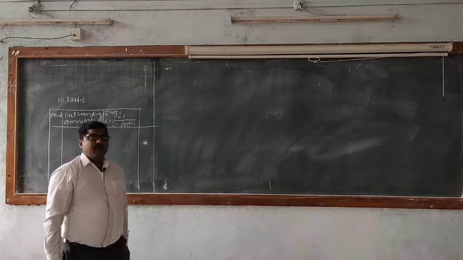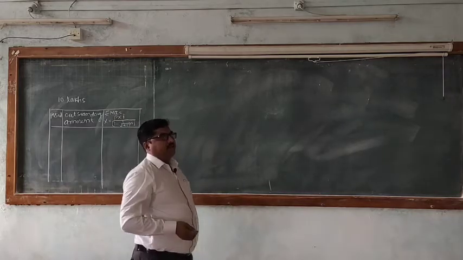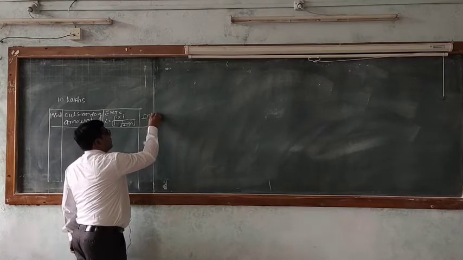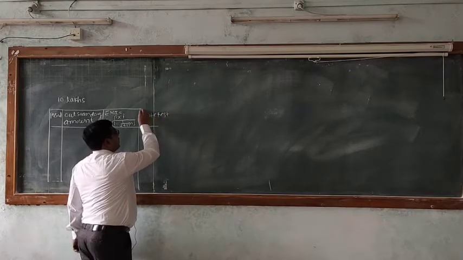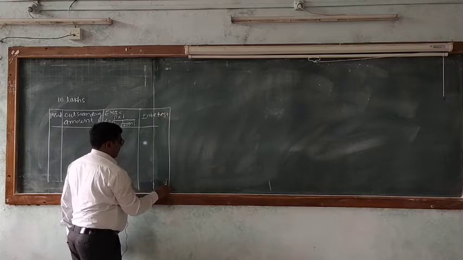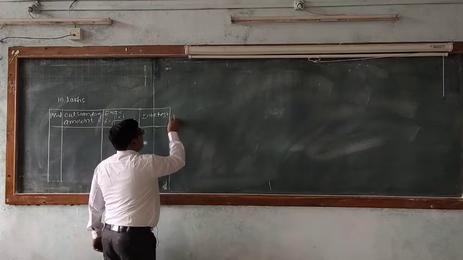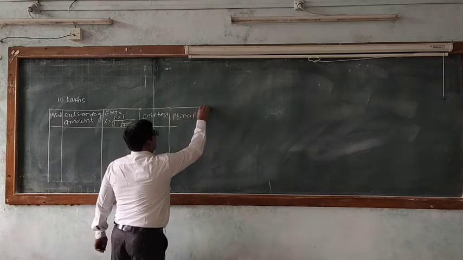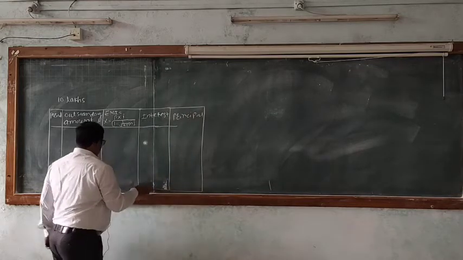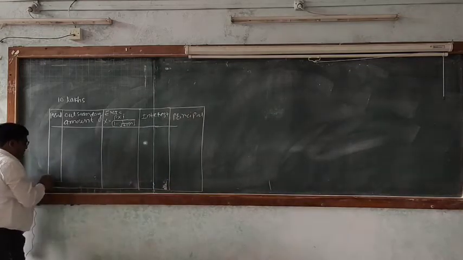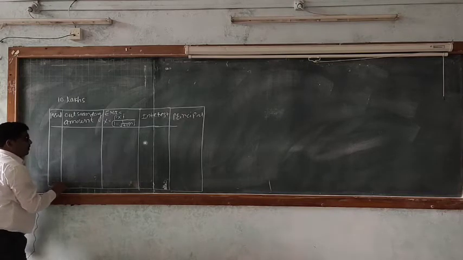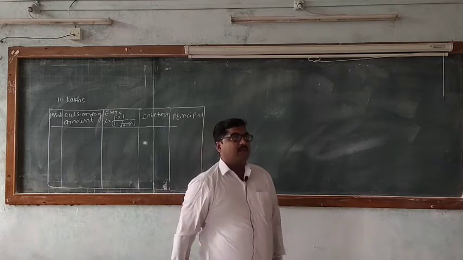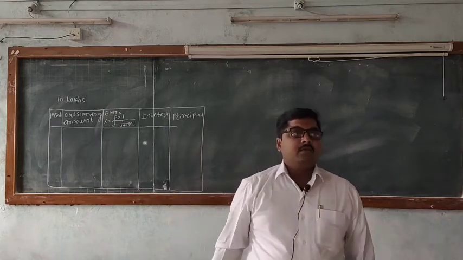Next is interest, and the next one is principal. So these are the columns which are required to calculate the reducing balance.